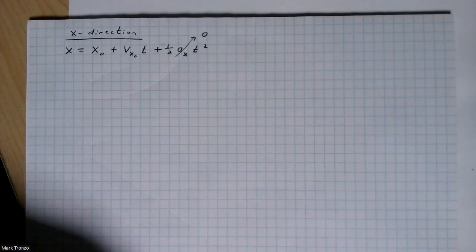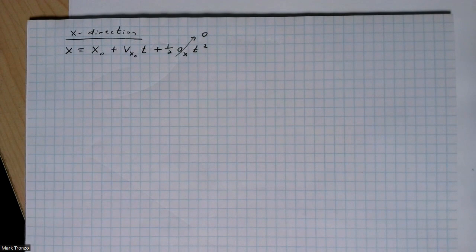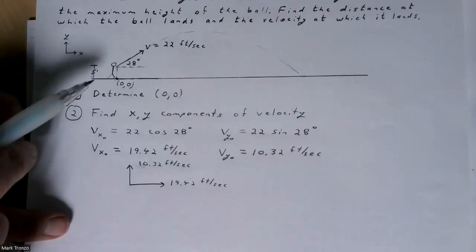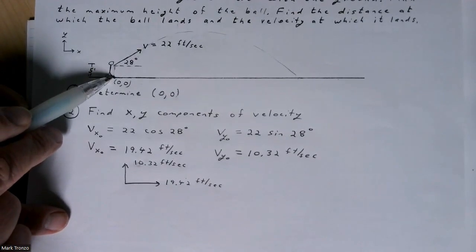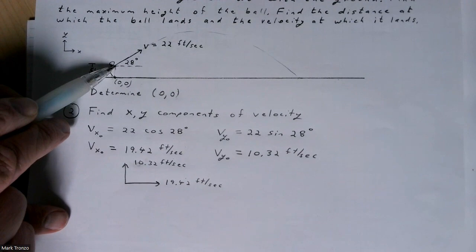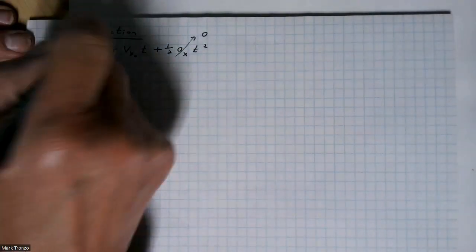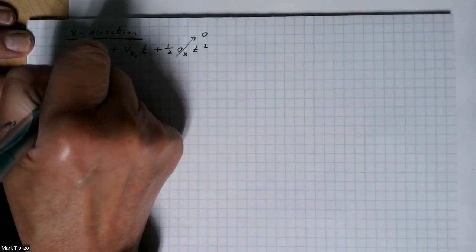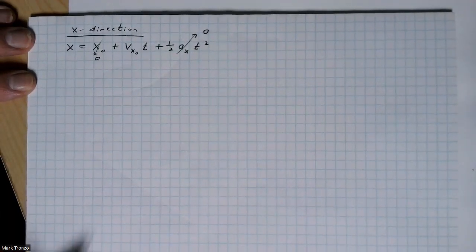Also, the initial position of the ball is 0 on the x and 5 on the y, so x naught is going to be 0 as well.